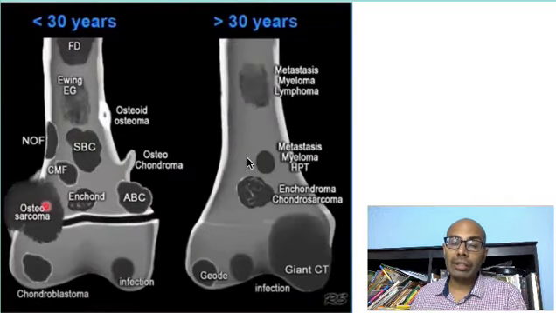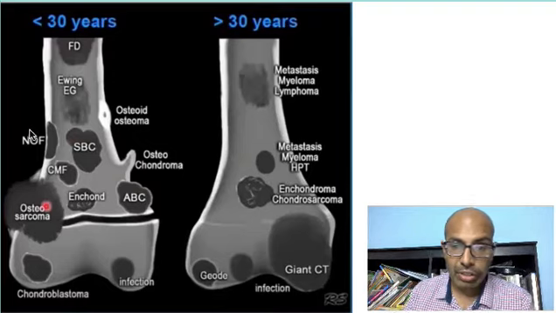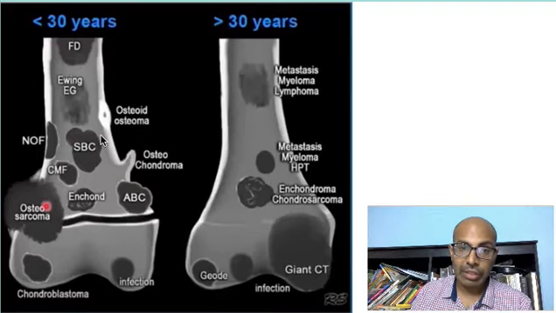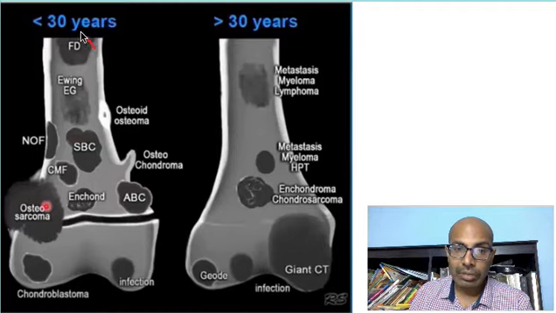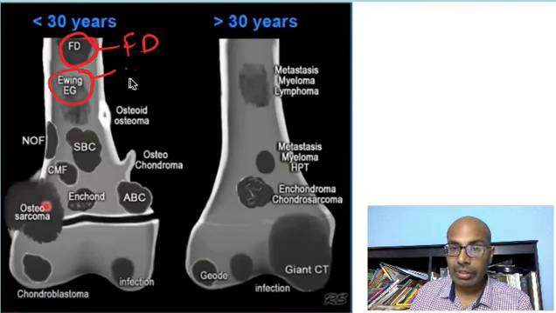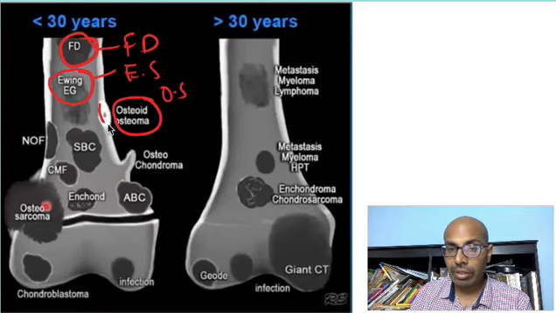Let us look at the location based on the epiphysis, metaphysis and diaphysis. Diaphysis, there are three tumors. One is fibrous dysplasia. Fibrous dysplasia occurs in the diaphysis. Ewing sarcoma occurs in the diaphysis, and osteoid osteoma also occurs in the diaphysis. Cortical bone, this is in the cortex.